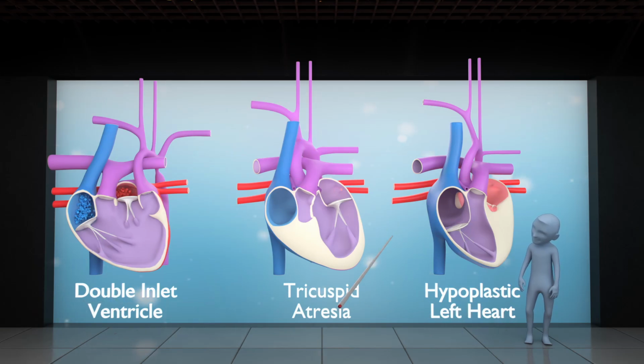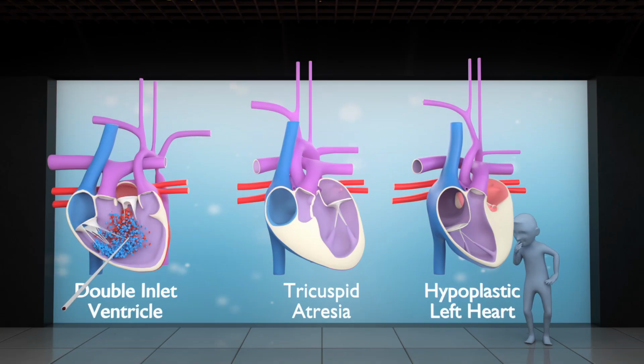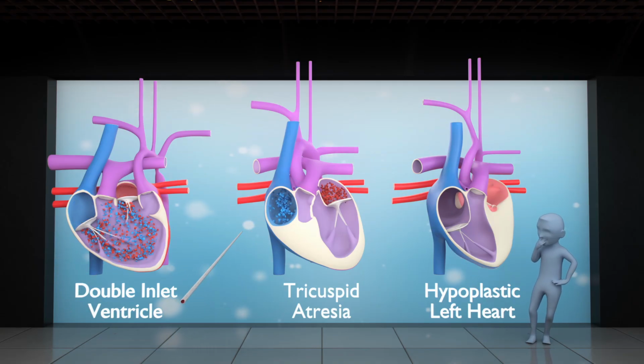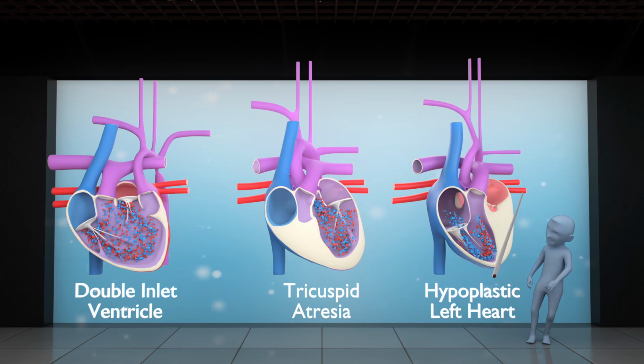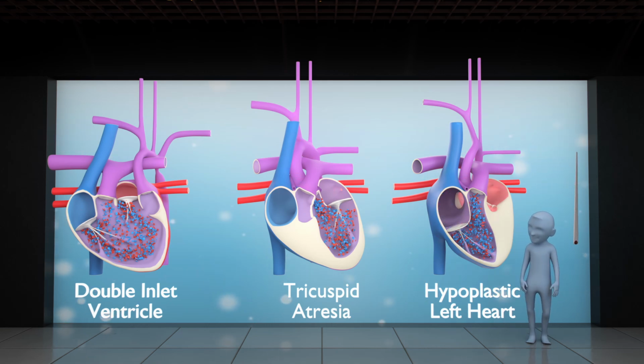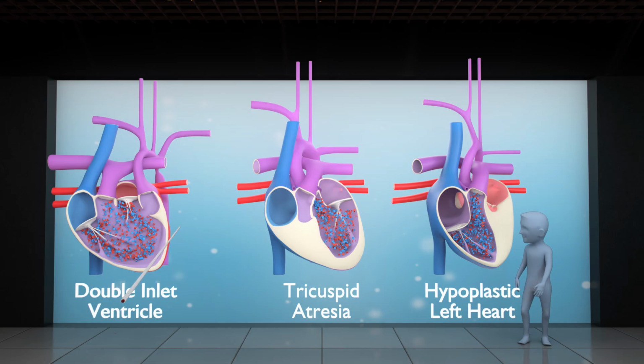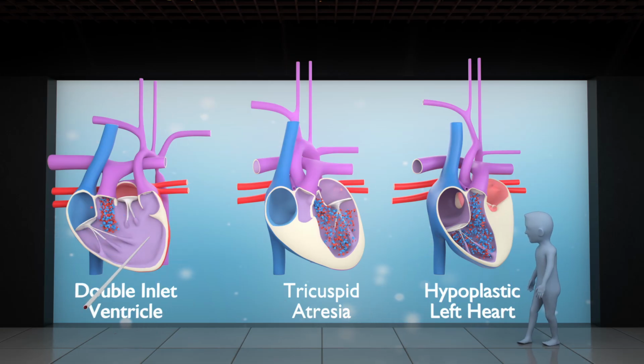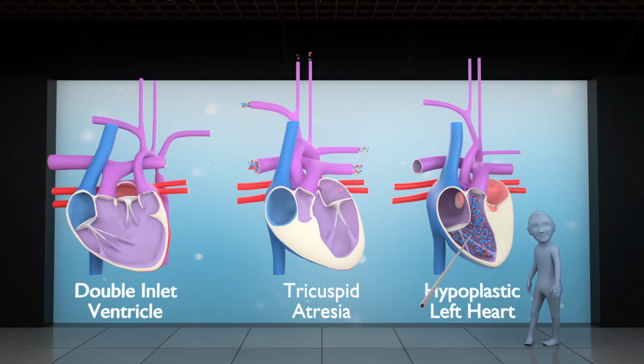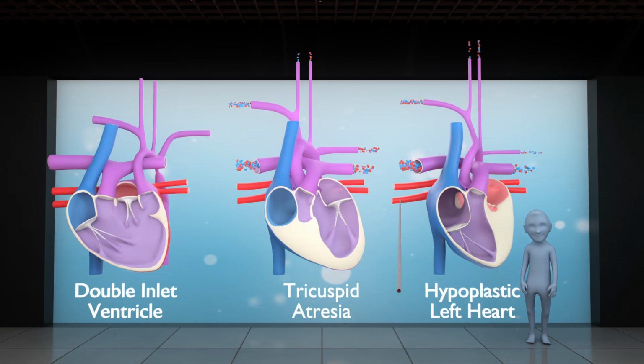And second, that after their neonatal procedures, all of the blood which is low in oxygen returning from the body and the blood that is returning from the lungs, which is highly oxygenated, come together and mix inside the heart. As a result, there is a mixture of the two blood streams being pumped out the aorta and around the body. This is the reason why your baby's oxygen saturation will be less than in the normal circulation.